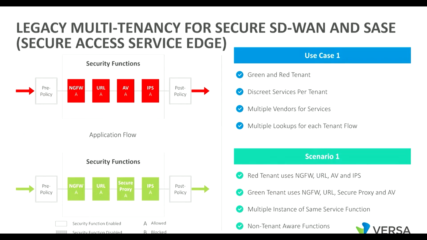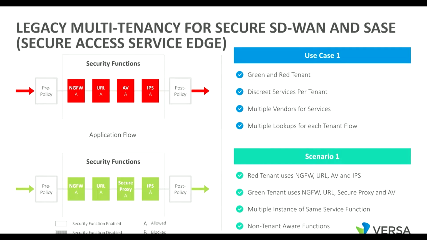And so it ended up giving us almost a serial processing where I would have to hand off to this and then hand off to that and hand off to that. But when I go into a multi-tenant set, that means I have to have multiple firewalls. I have to have multiple antivirus. I have to have multiple IPS. I have to have all this other instantiation if I don't want to have that, quote, shared resource.